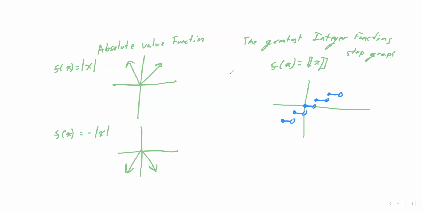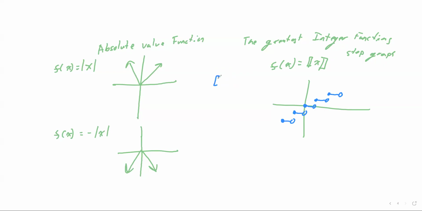And basically what it means is whatever value goes in here is going to go to the largest integer that is either less than or equal to the value in here. So for instance, let's do this.